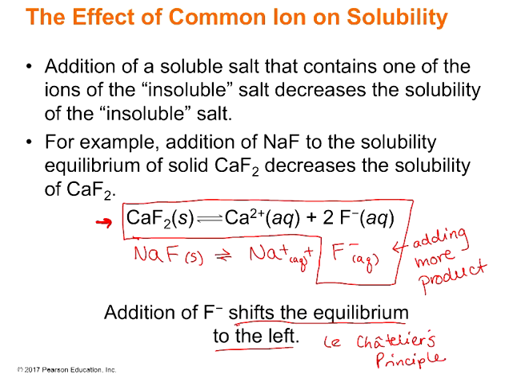If we're shifting this equation to the left, that means we're ending up with more calcium fluoride solid, and we're not allowing calcium fluoride to dissolve. So we're decreasing the solubility of calcium fluoride. This is something that you can use in certain experiments. If you don't want calcium fluoride to dissolve, you could just add more of a common ion.